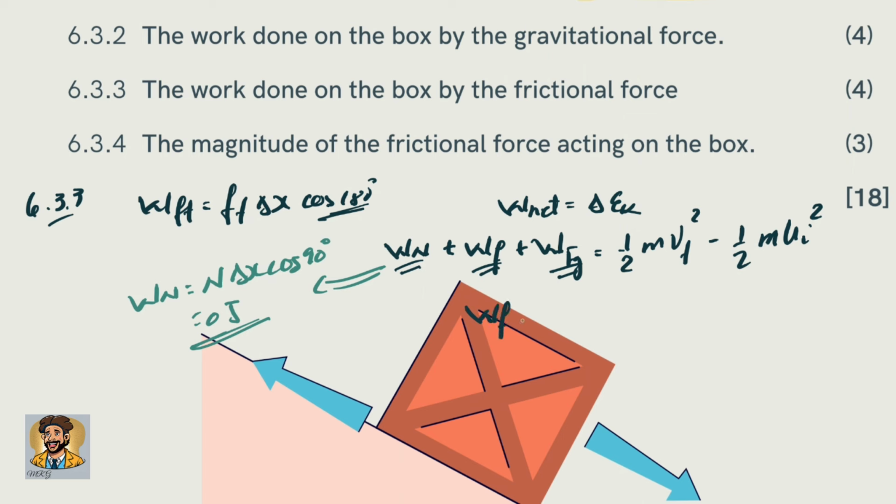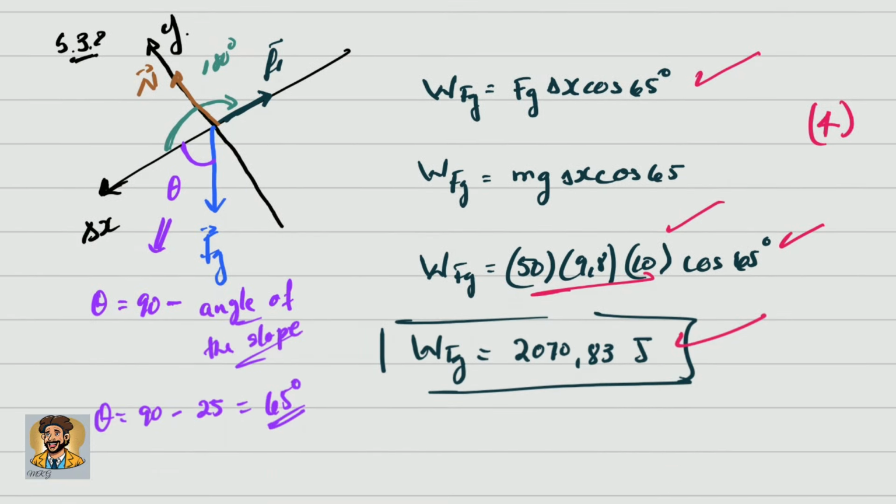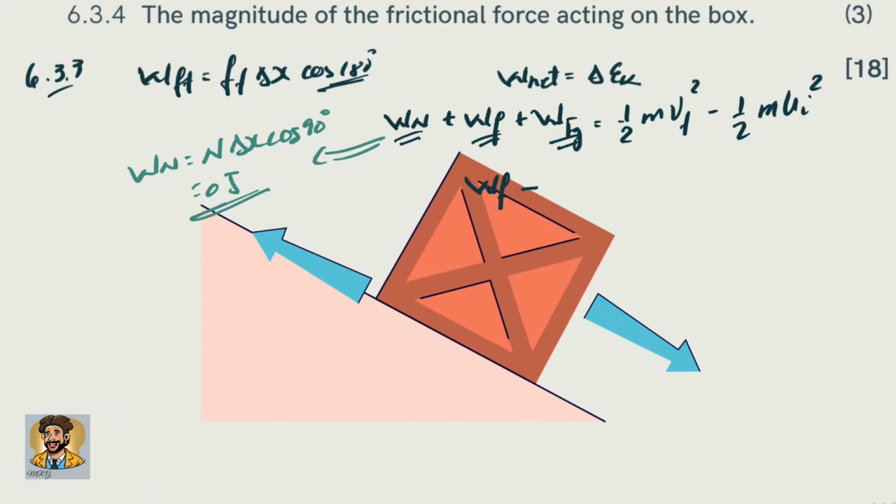Work done by friction plus the work done by the gravitational force, which is already calculated and is equal to 2070.83, is equal to half. The mass of the crate is 50 kilograms.